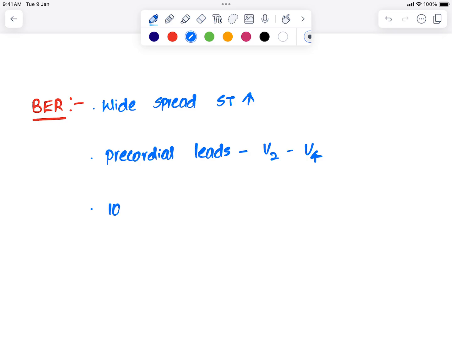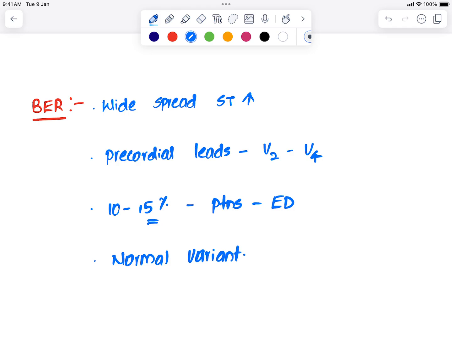And this benign early repolarization is present in almost 10 to 15% of patients coming to the emergency department presenting with a history of chest pain. What exactly is the physiological basis for the ST segment elevation in benign early repolarization is not known, but it is considered a normal variant. It is not a pathological condition. That is a very important point you need to know.